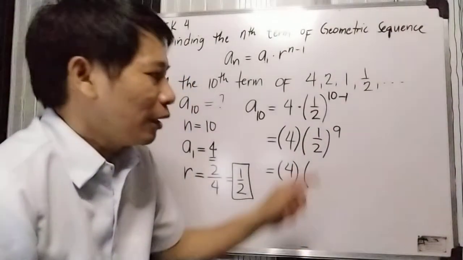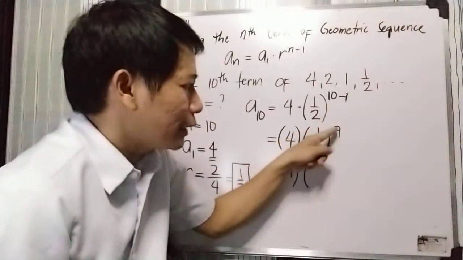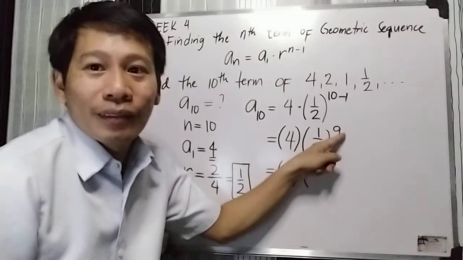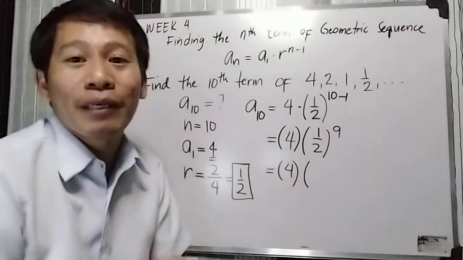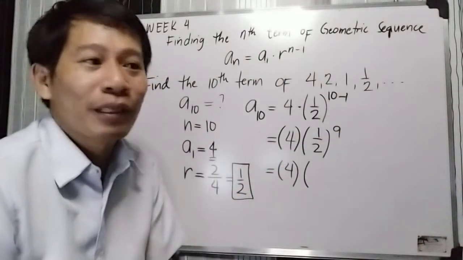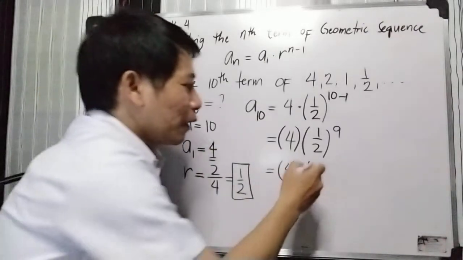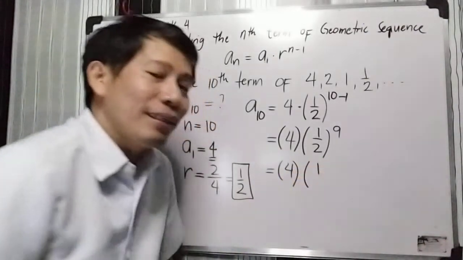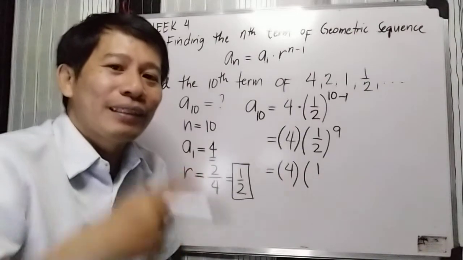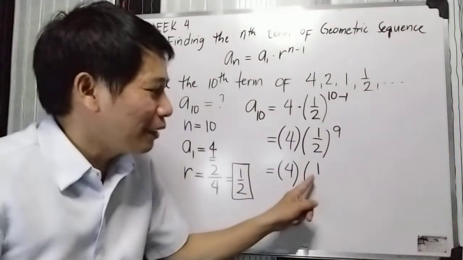Meaning, yung numerator na 1, i-raise natin sa 9. You will multiply 1 nine times by itself. That is equal to what? 1. Tama ba? Pag minultiply mo yung 1 nine times by itself, ang sagot lang din ay 1.